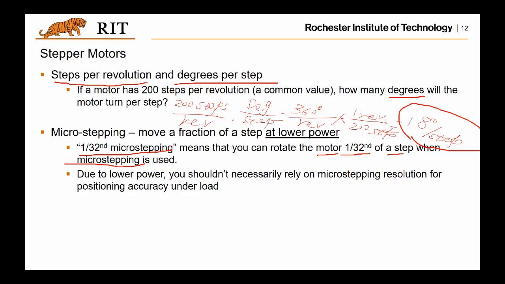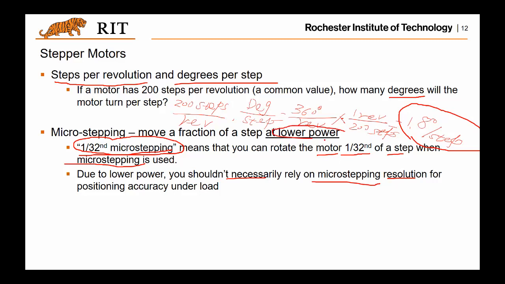But if you have such an amount of micro stepping, you could revolve 1/32 of 1.8 degrees. That's really small.